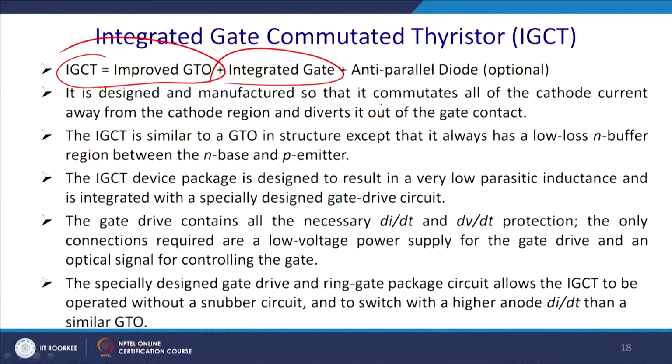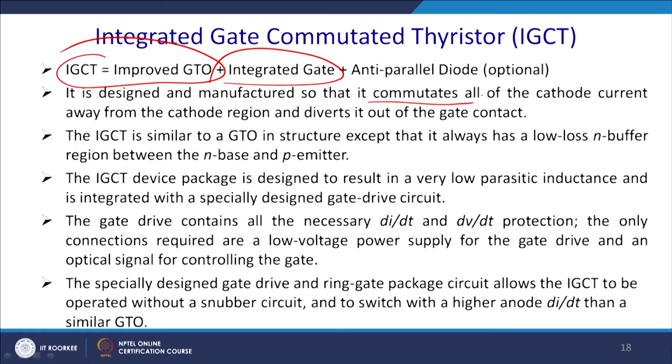First we have discussed the SITh, which has the highest power rating capability, followed by GTO, thereafter IGCT. There can be a debate about which one has more power handling capability, but considering cost, and since it came a little later, I have taken it after GTO only because it is an improved GTO, and we require to understand GTO.